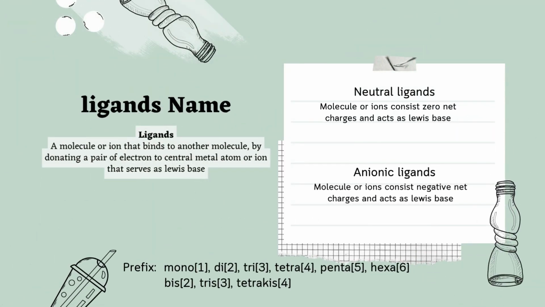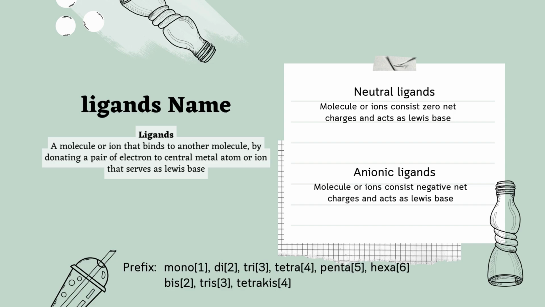Then, let us look at the ligand groups. Ligands are molecules or ions that bind to another molecule by donating a pair of electrons to a central metal ion or atom, serving as a Lewis base. Ligands can be neutral or anionic. Neutral ligands like water and ammonia are named aqua and ammine.